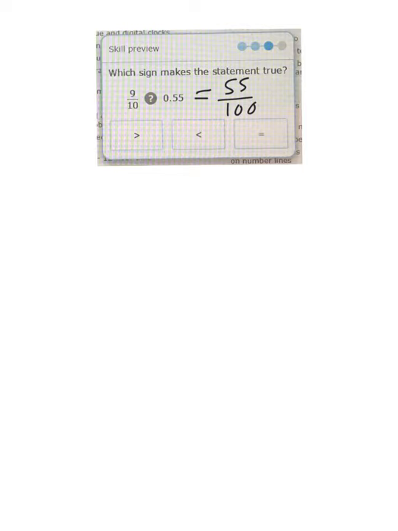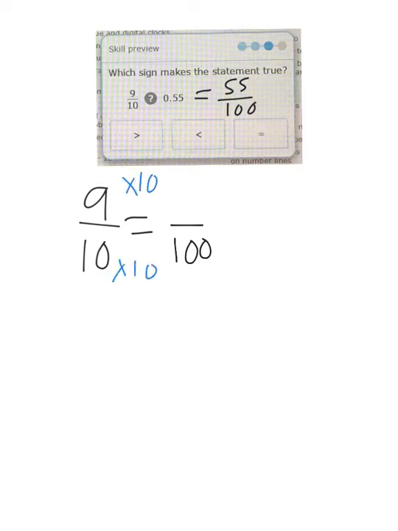So I would suggest making 9/10 into an equivalent fraction, because it's really easy to make a fraction over 10 into an equivalent over 100. Hopefully you're immediately thinking, 10 times 10 is 100, so I can times 10 on the top, which would make 90 hundredths.